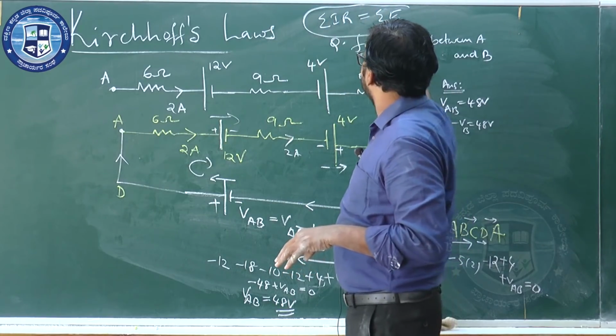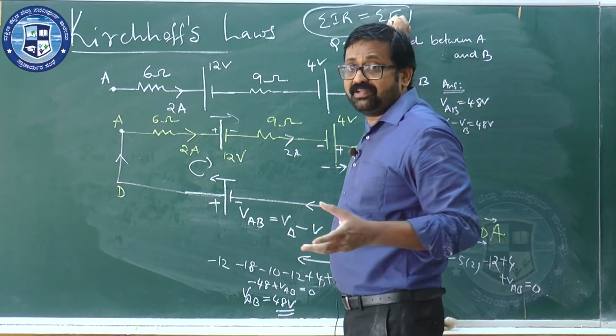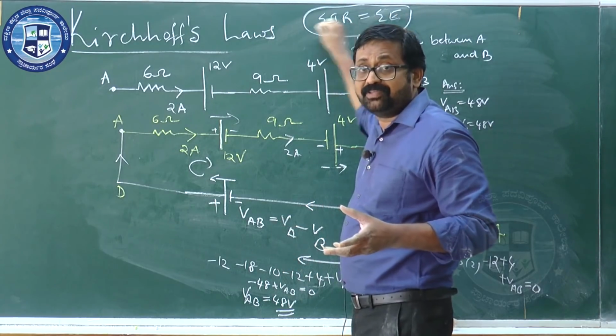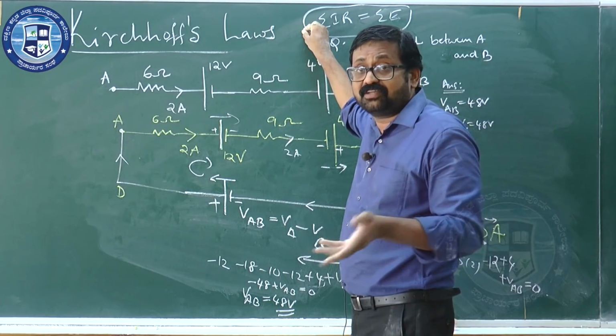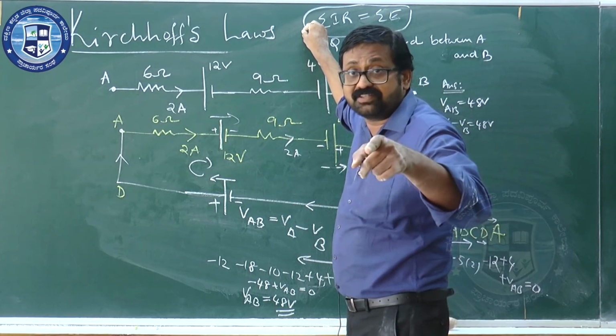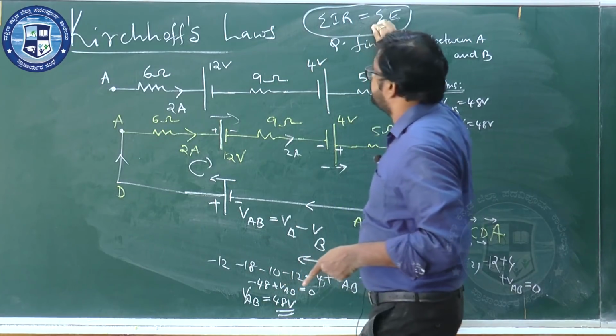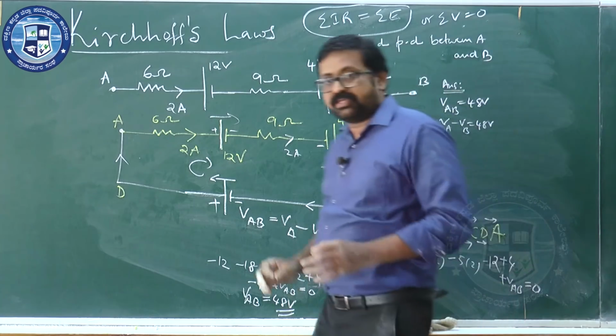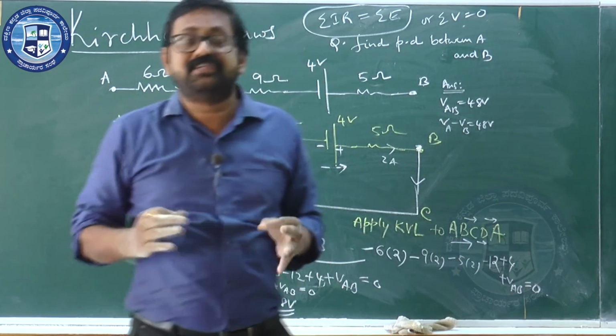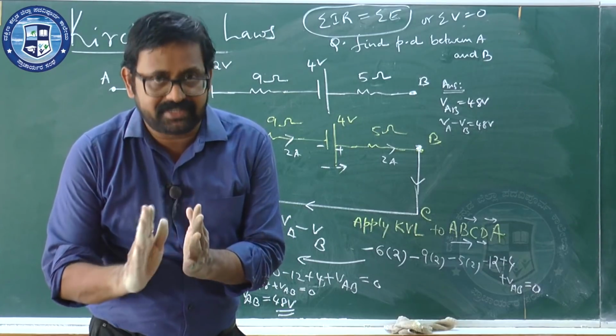This particular equation says that whatever energy was supplied by the battery is used to do work in moving a charge across external resistance and work done in moving a charge through the internal resistance. So based on this relation, I can conclude that KVL, Kirchhoff's voltage law, signifies a law of conservation of energy.